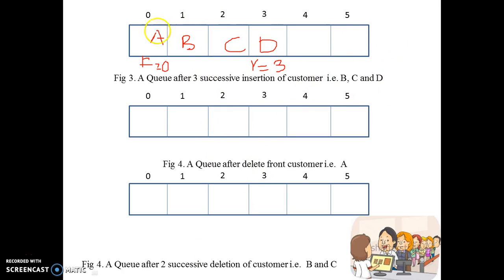The queue will look like this. After inserting elements, we can remove the element from the queue. Then we can remove the front customer from the queue, that is A. The front becomes 1 because we can remove the element from the queue which is present at position 0. The queue will look like this.